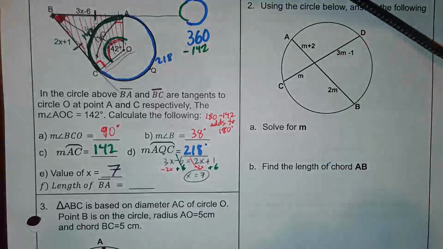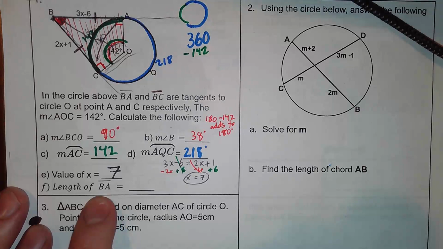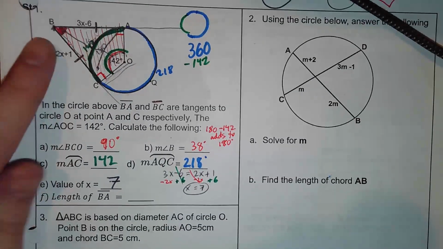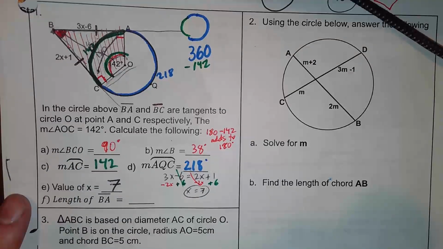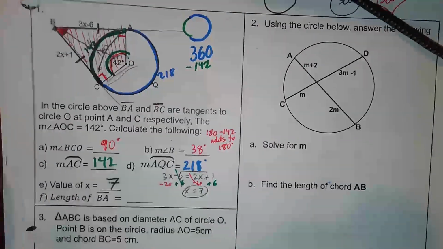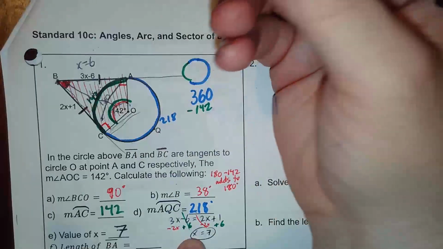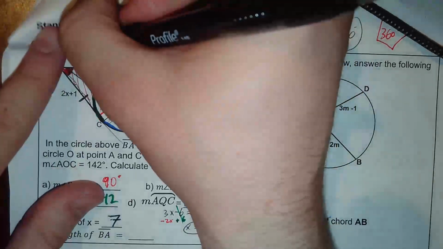Okay, next up is, what is the length of BA? BA is the tangent line segment right there. So we have to find the length of that. We know that x is 6. Oh, not 6. My apologies. X equals 7.